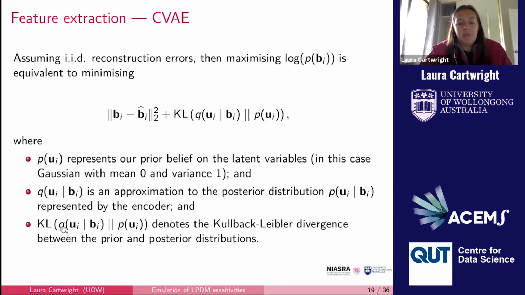And I've basically already said all of this, but P of U_i is our prior. Q of U_i given B_i is our approximation to the posterior distribution, because we don't know this exactly, so we approximate it. And the KL divergence is called a Kullback-Leibler divergence, and this is what measures that similarity.